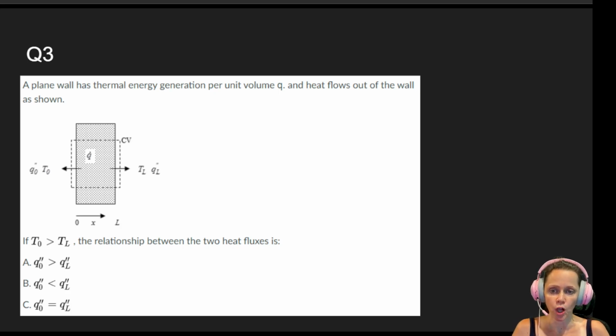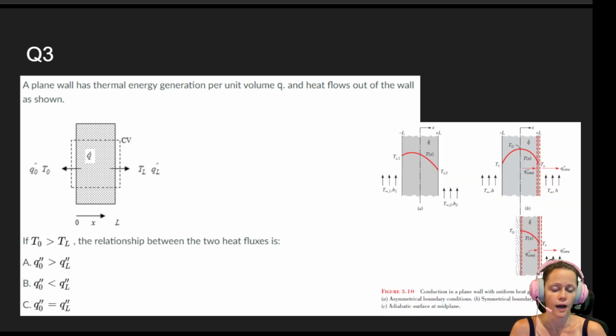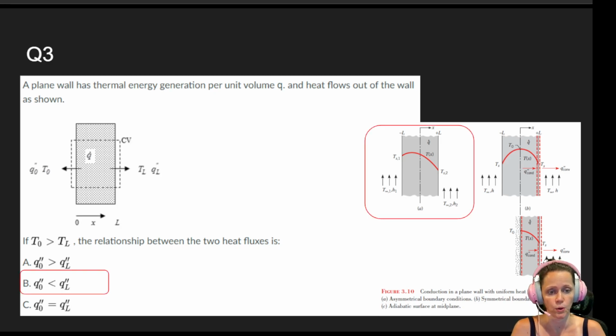All right, a plane wall has a thermal energy generation per unit volume of q, and that should really be q dot, and heat flows out of the wall as shown. If T at x equals 0 is greater than T at x equals L, the relationship between the two fluxes is. So this is the case of figure 3.10a, where you have this asymmetric boundary condition going on. And what you'll notice is that, remember the heat flux is related to the temperature gradient.